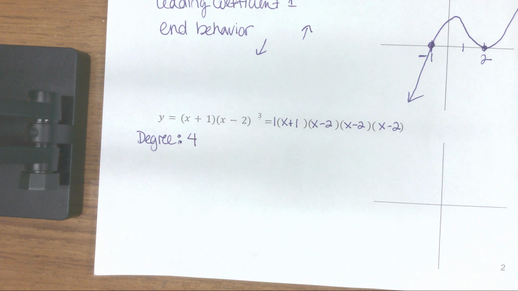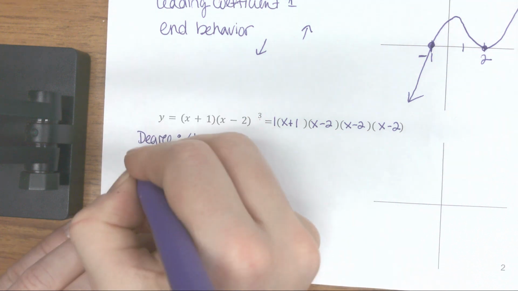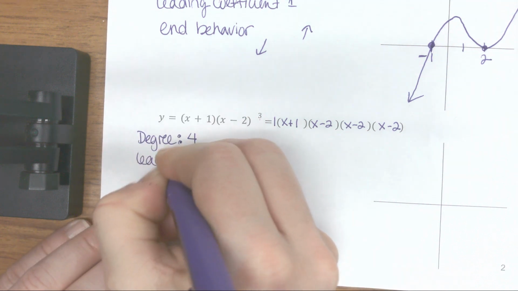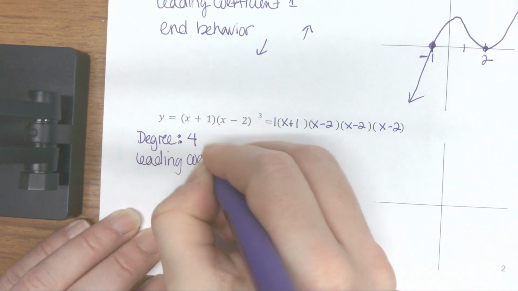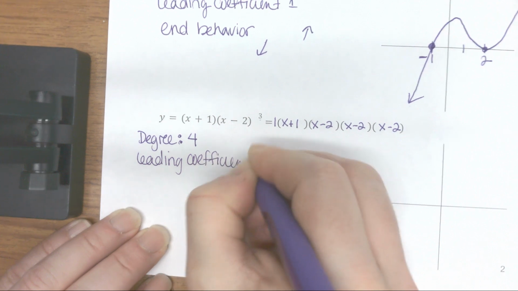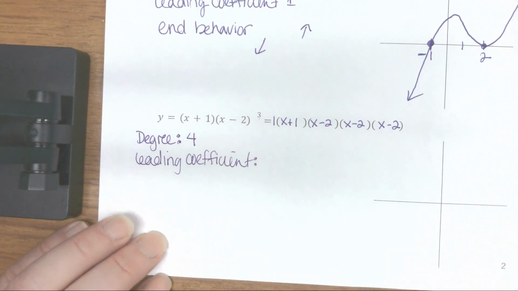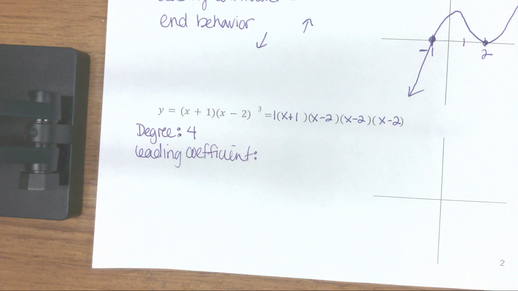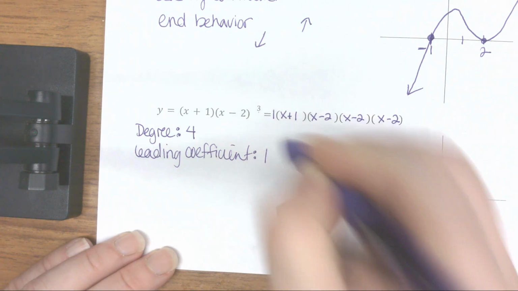Does anyone need me to talk about that? Okay, what's the leading coefficient? Again, write down on your paper, check with somebody around you. The leading coefficient should be a 1.